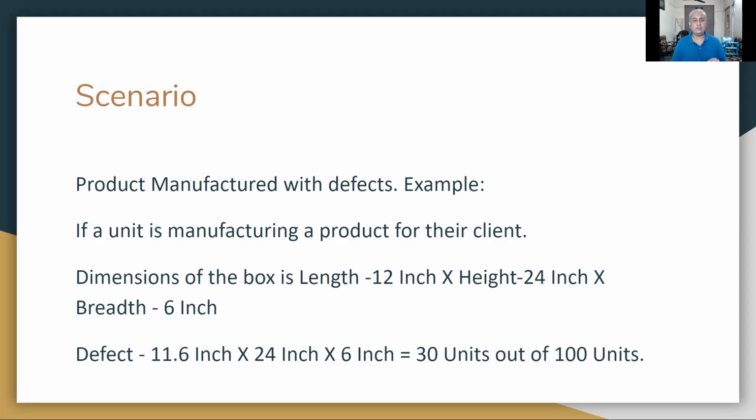That is, there is a defect of 0.4 inches, and that defect is identified for 30 units out of the 100 units manufactured. If this is the scenario, then it is definitely termed as a product non-conformity because it is not manufactured as per the requirement of the client.